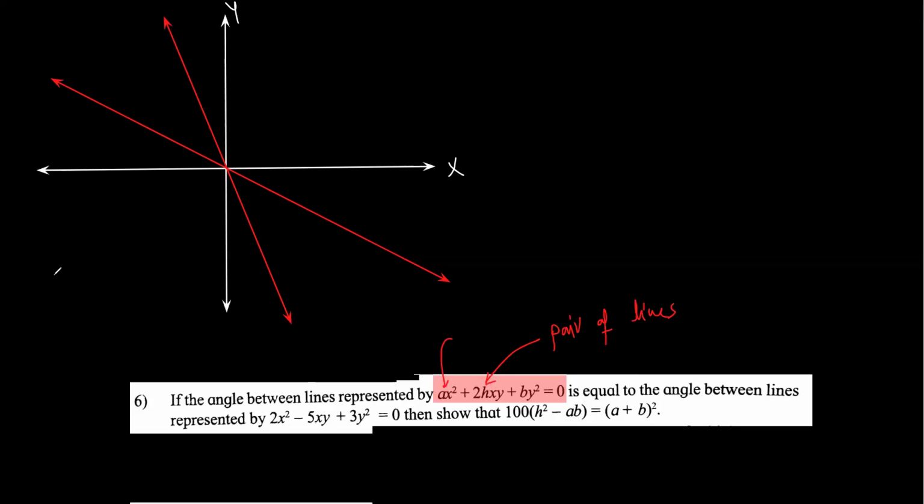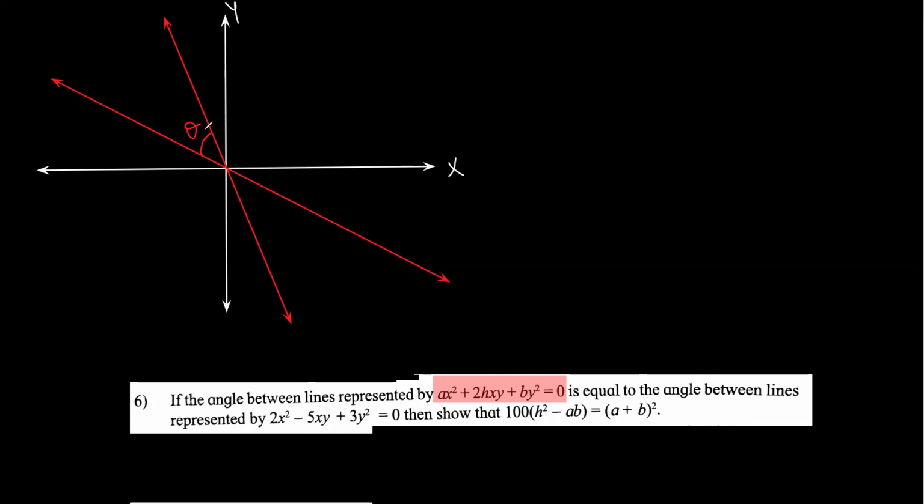But in this question, see what does this imply? They're saying if the angle between the lines represented by this is equal to the angle between the lines represented by this. So there are two combined equations and each represents a pair of lines. Say this is the red pair of lines and the angle between them is theta. Fine.